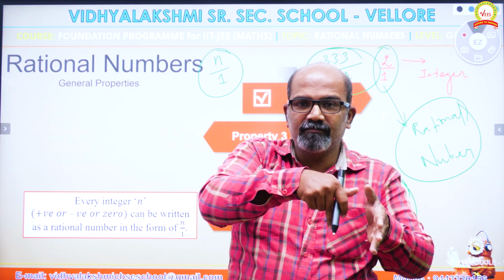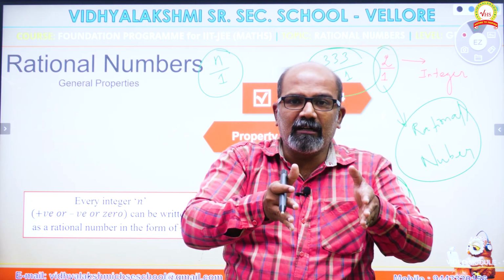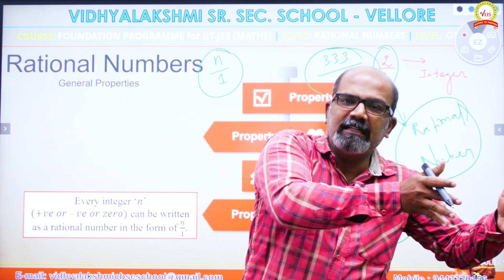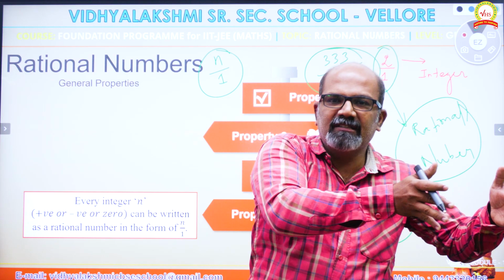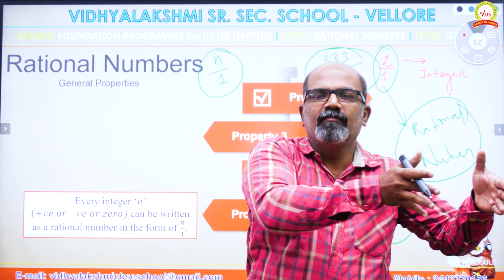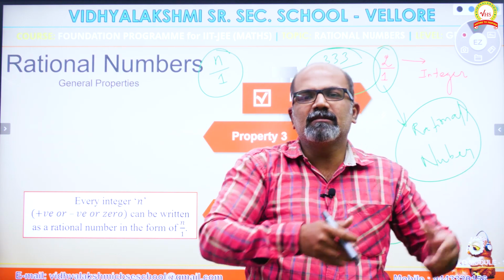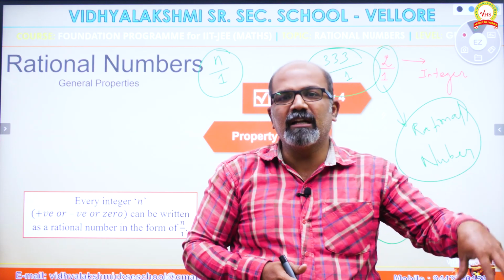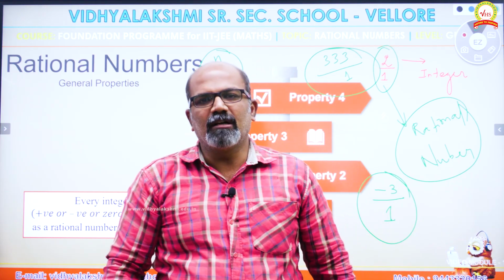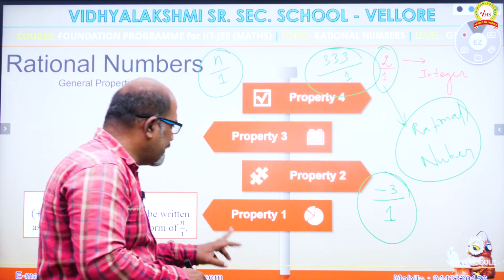And now I tell you, all the integers are included in the set of rational numbers, but along with the integers there are some other numbers, that is, the fractional numbers are also included in the set of rational numbers, okay. I think you understand. For that I would like to come to the screen.